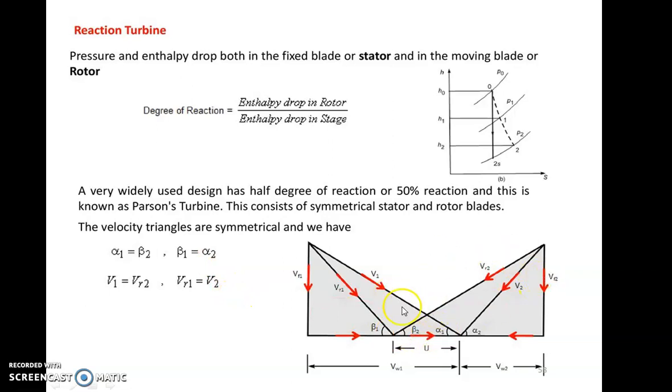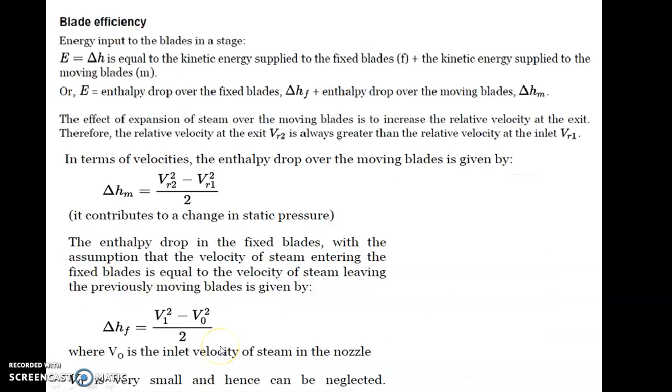Because of these same velocities, the angles are also the same. Alpha 2 is the same as beta 1, and alpha 1 is the same as beta 2. That is the speciality of the Parsons reaction turbine: alpha 1 equals beta 2, beta 1 equals alpha 2, and these velocities are the same.